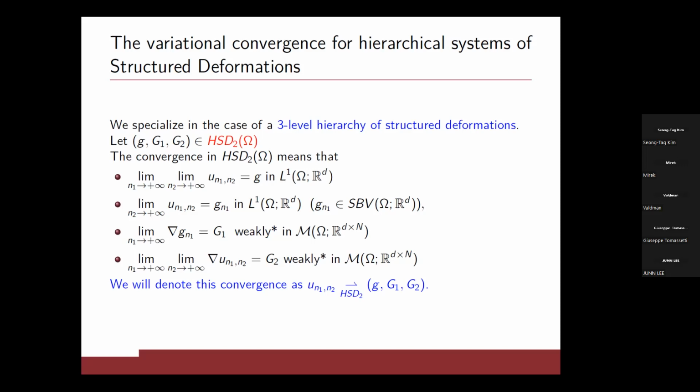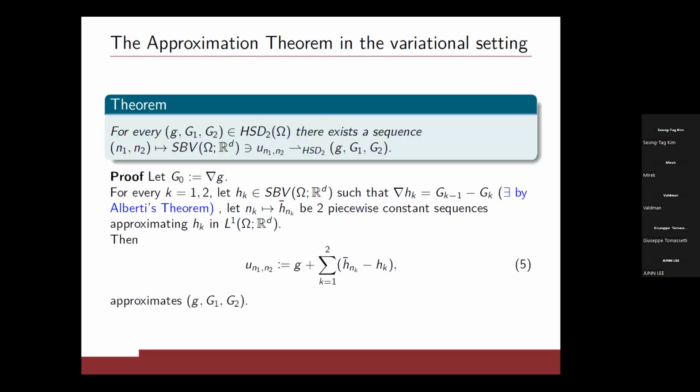This convergence can be easily described in this SBV and measure setting, and an approximation theorem can also be proven. The fact is that whenever you take a triple g, G1, and G2, this can be achieved as the limit, in the sense described in the previous slide, of this deformation u_n1,n2, which is the idea.